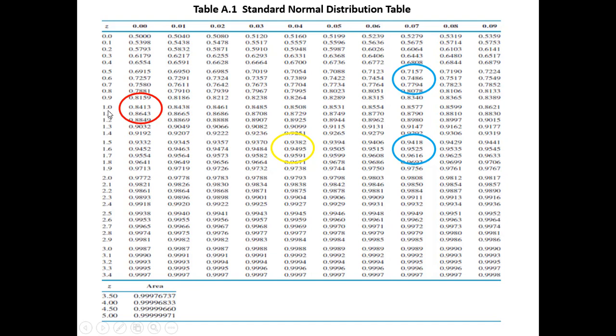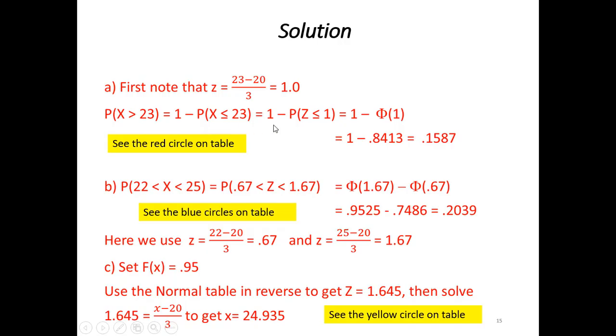If we had 1.02, for example, then I would use this value. Okay, but the one we want is right here in this red circle. So 0.8413 is what we get over here. But we have to remember that our probability is 1 minus 0.8413. So we end up with 0.1587 as a final answer.